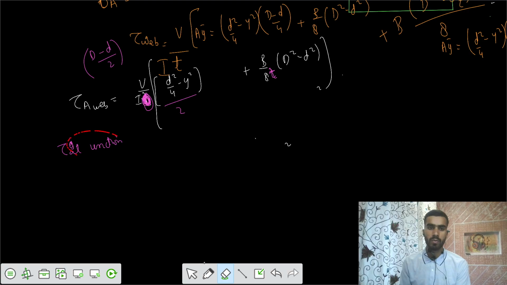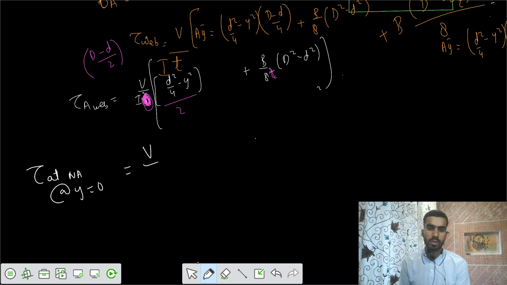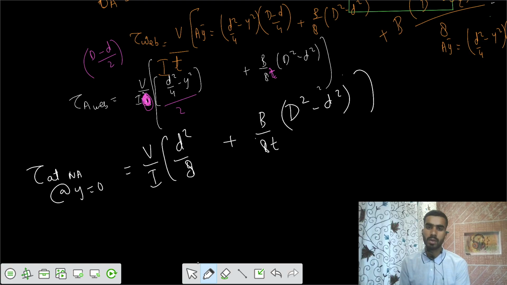That means tau at the neutral axis, at y equals 0, is equal to V by I, d square by 4, d square by 8, and this is 0, plus b by 8t, d square minus d square.